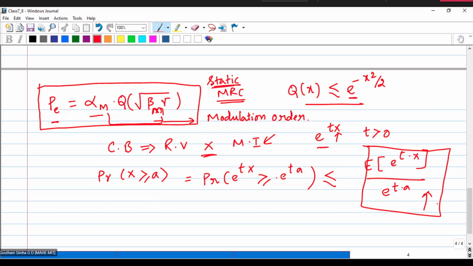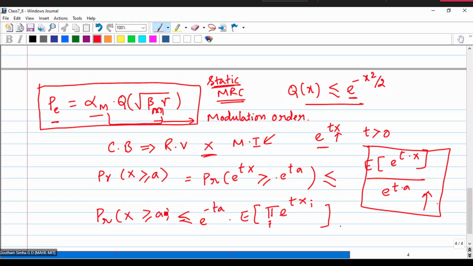When x is the sum of n random variables x1, x2, x3 up to xn, for any t greater than 0, the probability of x greater than or equal to a is less than or equal to e to the power of minus ta into the expectation of the product over i of e to the power of t into xi, because you have n independent random variables. That's all.